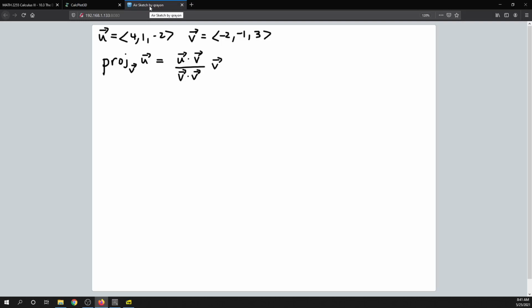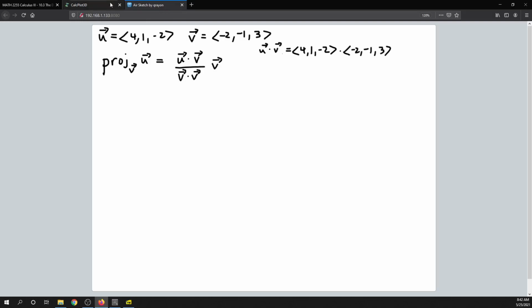And so let's go ahead and calculate those out. Actually, I should have written u dot v there. u is 4, 1, -2 and v is -2, -1, 3.